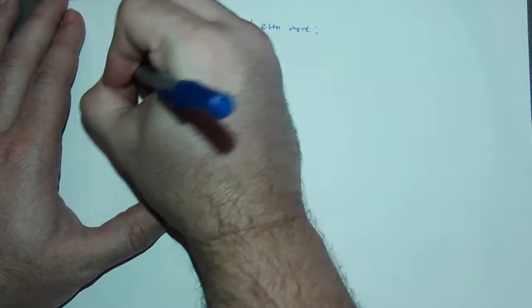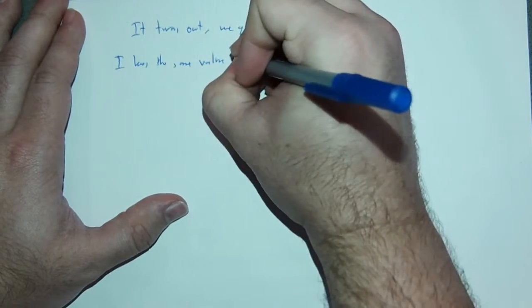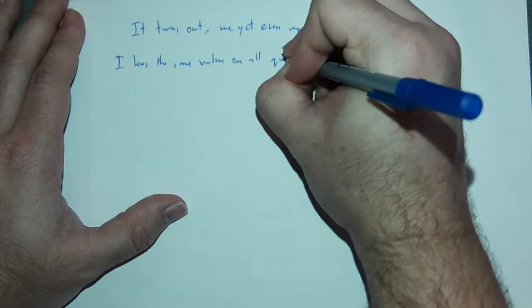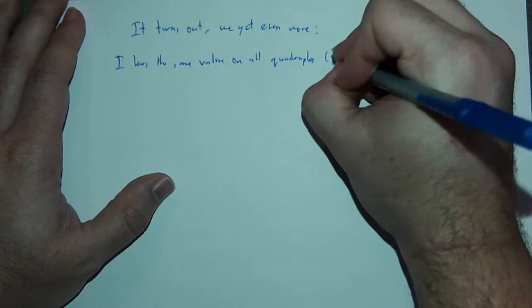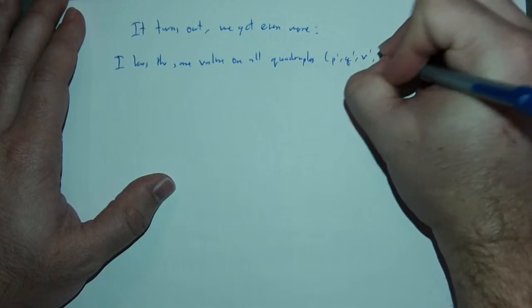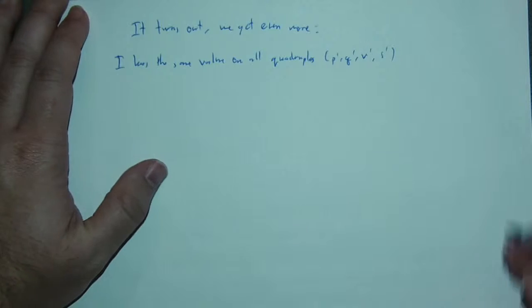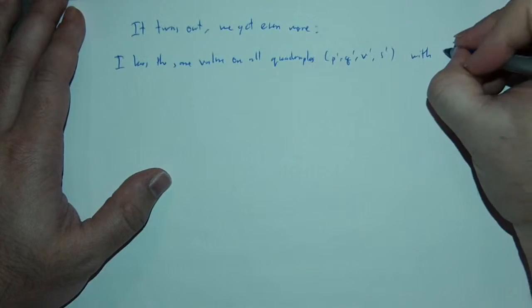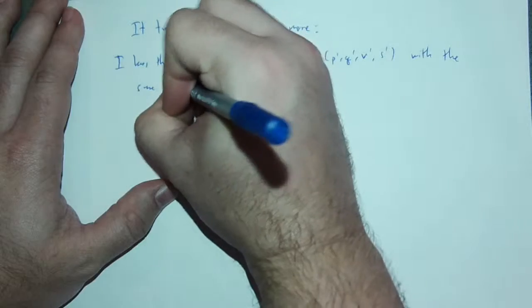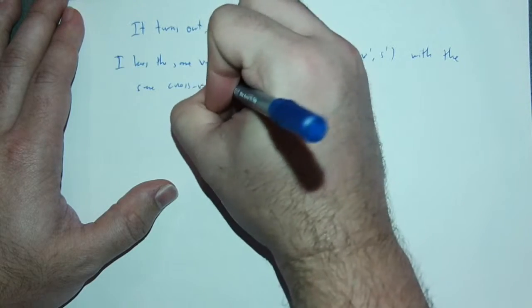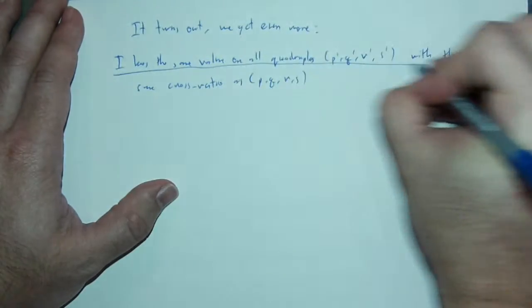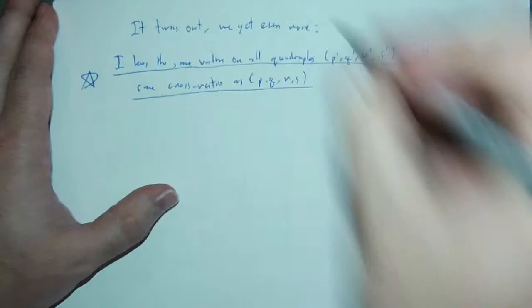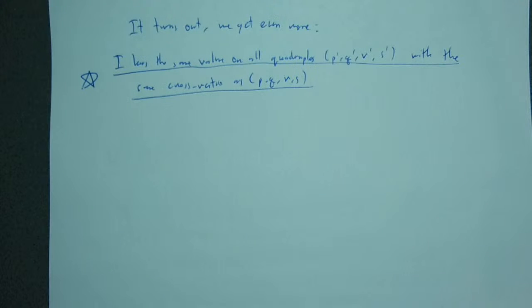It turns out that I has the same value on all quadruples P prime, Q prime, R prime, S prime with the same cross ratio as my original quadruple. Why is this the case? This is an important step here, and is recognizing this.